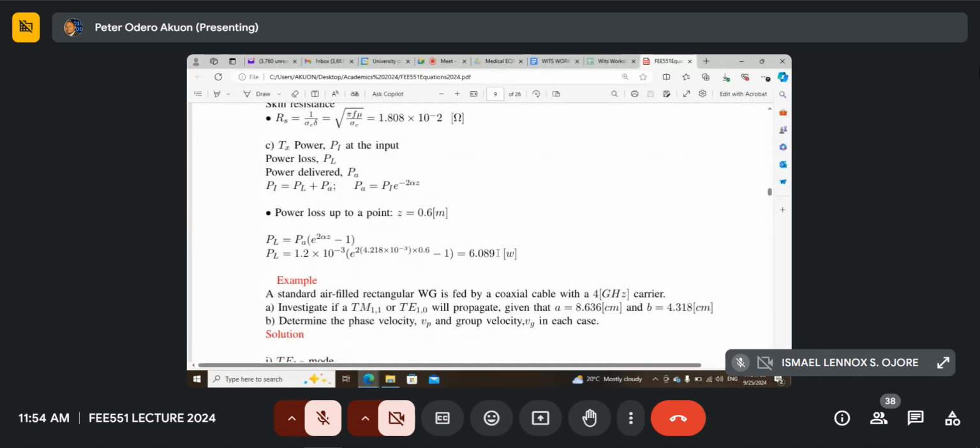When you calculate that, you see that the loss is only, was this kilowatt? This should be kilowatt, not milliwatt. Can you do this calculation and see what you get? This one should be kilowatt, not 10 raised to 3.